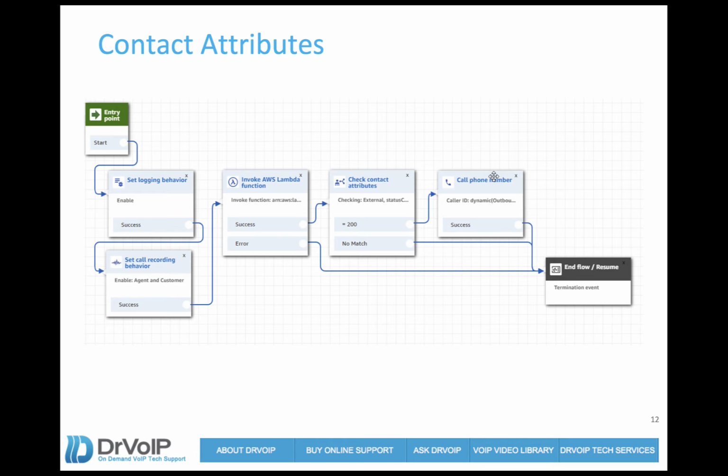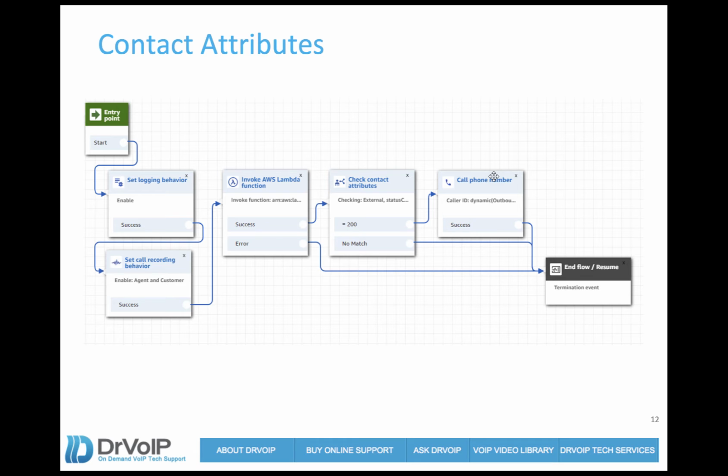Contact attributes are typically invoked in partnership with invoking a Lambda function. So we're going to look at real stuff here, but just a couple of PowerPoint slides to set the context when we look at the real stuff, okay?